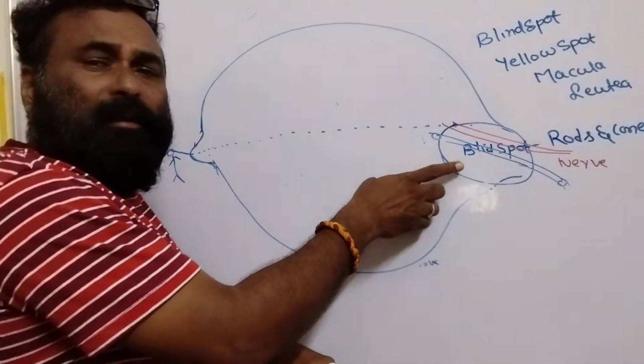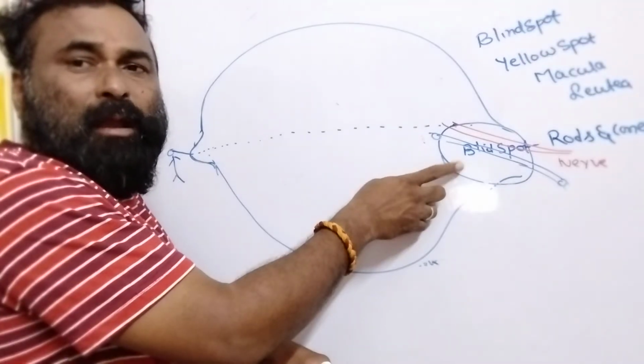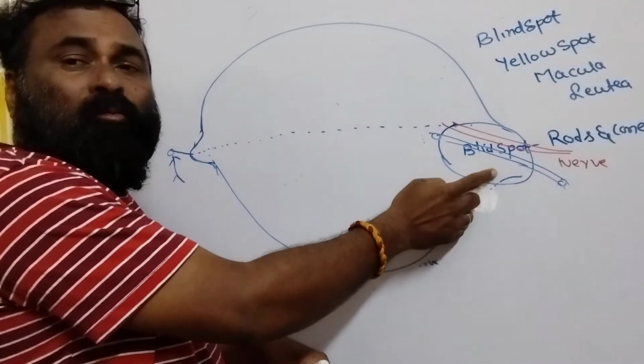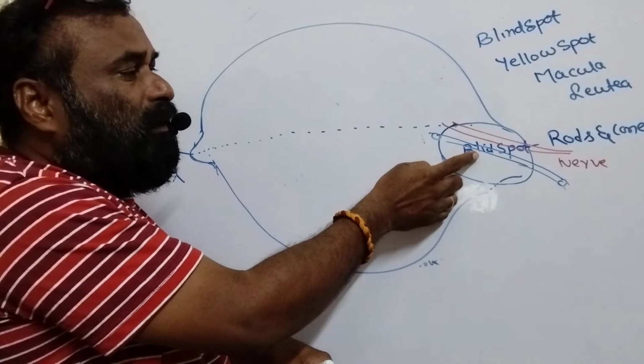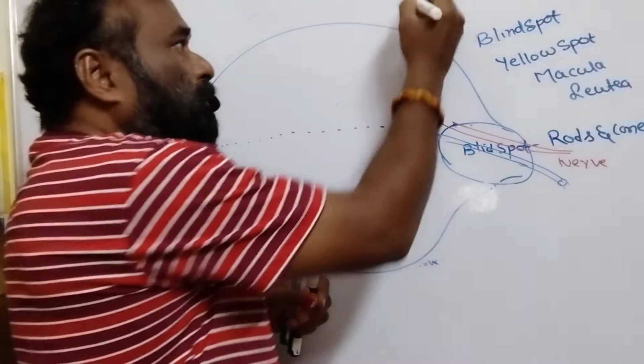The blind spot is in the posterior portion of the eyeball, present at the base, at the fundus of the eyeball. Then, this is our eyeball. I draw it like this.